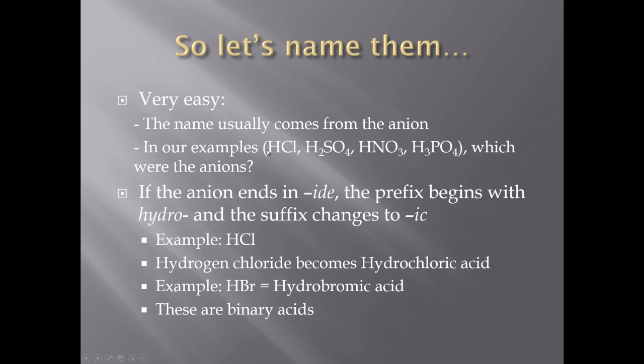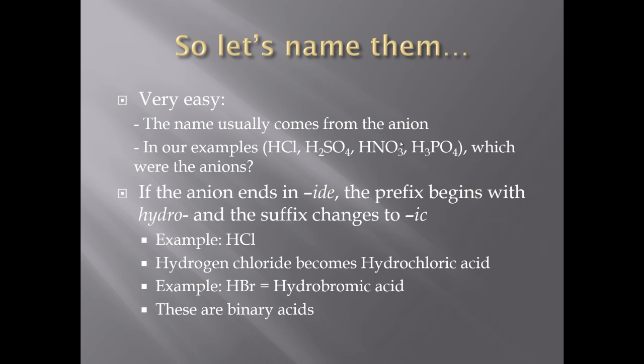It could be just a cation and anion like in HCl, or it could be a cation and a polyatomic ion. SO4, NO2, NO3, sorry, and PO4 are all polyatomics. So remember, you'll need that list of polyatomic ions in front of you in order to name many of these.